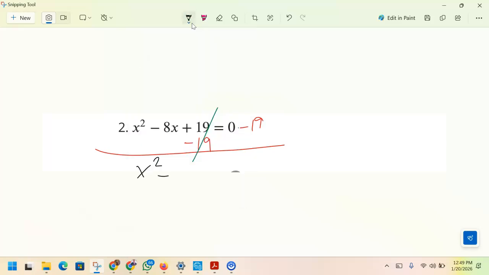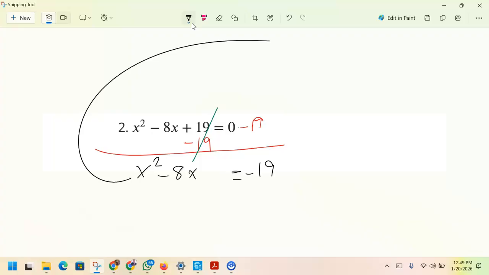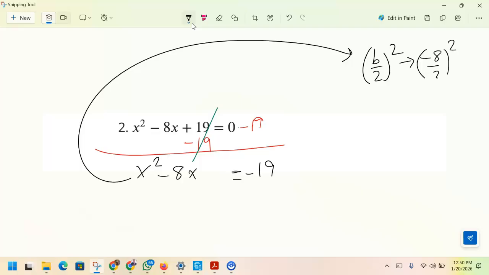Drop this, and it equals minus 9. So we do the same thing because the formula we do: what are we adding to both sides? It is always the square of half of b, which is minus 8, which we did in the earlier step. So I don't want to write everything, which is 16.